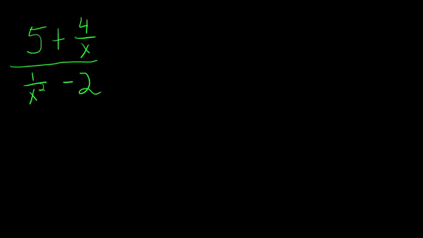So instead, let's look at all of this fraction and say, what would be the common denominator of the fractions that we see? Well, we've got an x and an x squared, so our lowest common denominator would be x squared.